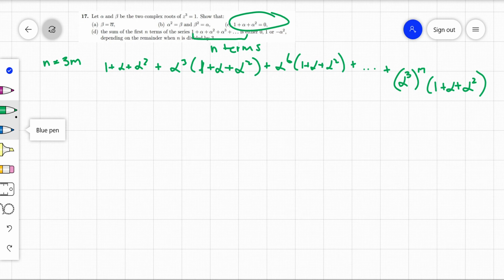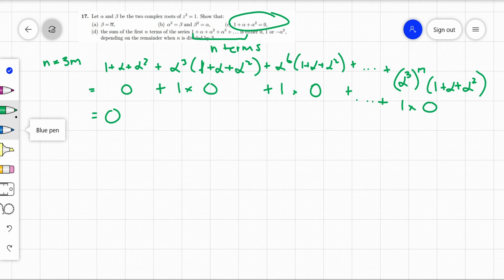So you can see that that is always going to be, because 1 plus alpha squared is 0, 1 times 0 because alpha cubed is 1. Now alpha to the 6 is alpha cubed squared, so again 1 squared times 0. So always, even when we get up to here, we're still going to get 1 times 0. So we're always going to get 0.